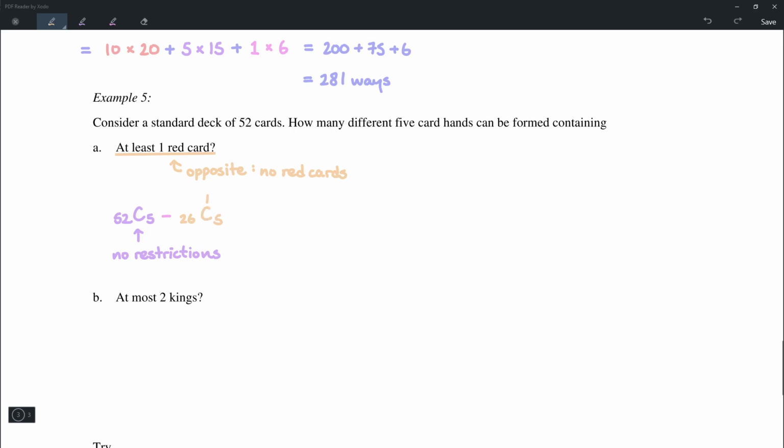So all of these hands will have no red cards. And the difference is going to be 2,533,180 hands. And these will all contain at least 1 red card, since we have removed all the cases where there are no red cards.